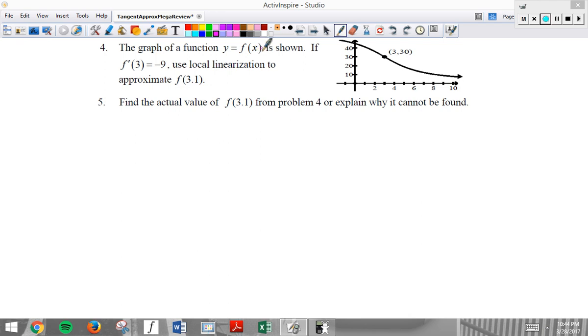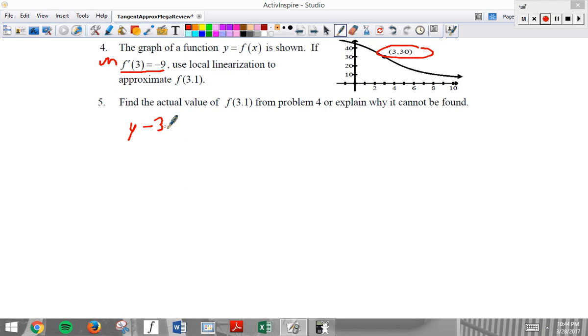Here's a graph. Try it again. Try to answer 4 and 5. Pause the video, write on a piece of paper, try to get 4 and 5. 3, 2, 1. That's my slope. That's my point.